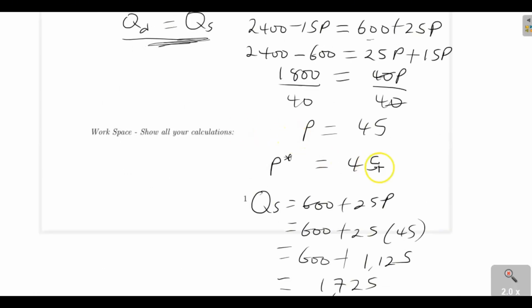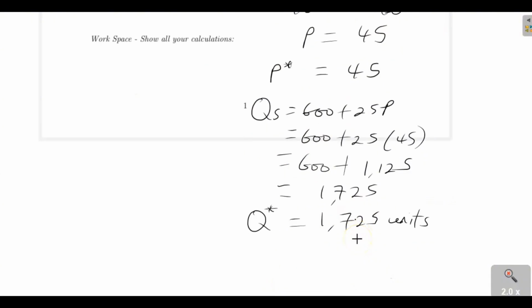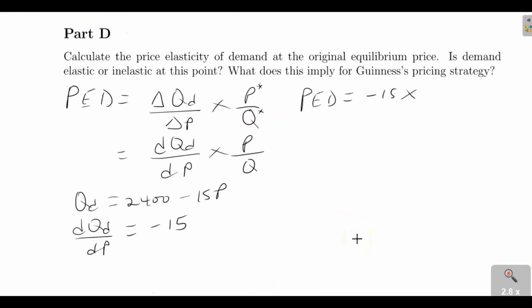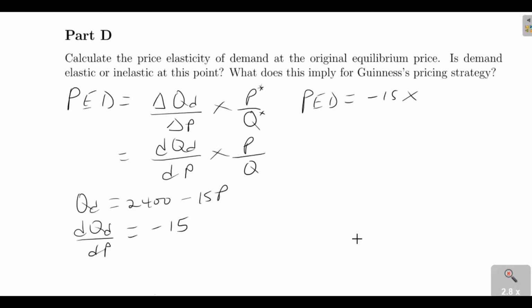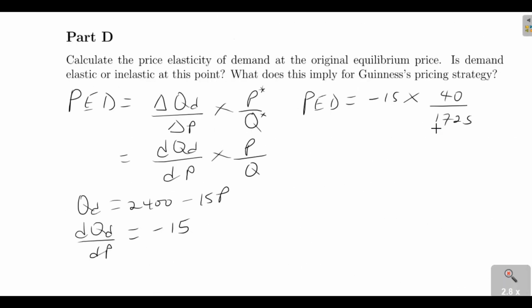Yes, so we found the equilibrium price to be 40 and the equilibrium quantity to be 1,725. So let's write it here. Our equilibrium price was 40, then 1,725. That was the equilibrium quantity, right? Let me cross check to be sure. Yes, 1,725.